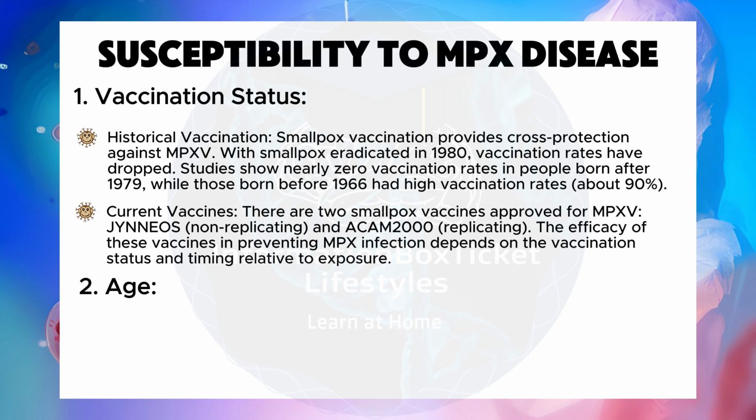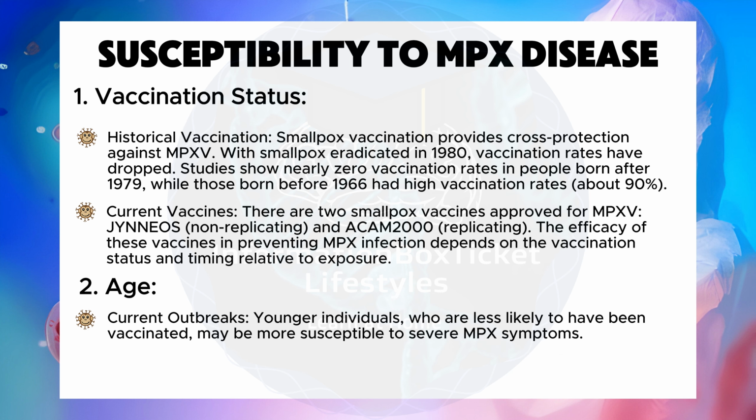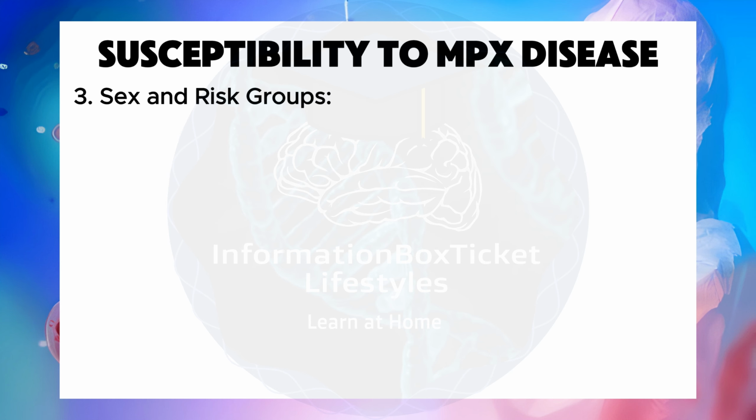2. Age. Historical data: older individuals who were vaccinated against smallpox might have some level of immunity. For example, in the 2003 outbreak, a vaccinated individual had milder symptoms compared to those who were not vaccinated. Current outbreaks: younger individuals who are less likely to have been vaccinated may be more susceptible to severe MPX symptoms. 3.